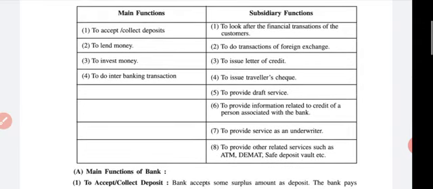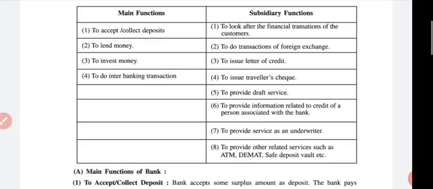Four points are included in main functions: accept deposits, lend money, invest money, and do interbanking transactions. And in subsidiary functions, there are 8 points: to look after the financial transactions of the customer, to do transactions of foreign exchange, to issue letter of credit, to issue traveler's check, to provide draft service, to provide information related to credit of a person associated with the bank, to provide service as an underwriter, to provide other related services such as ATM, demat, safe deposit vault, etc.